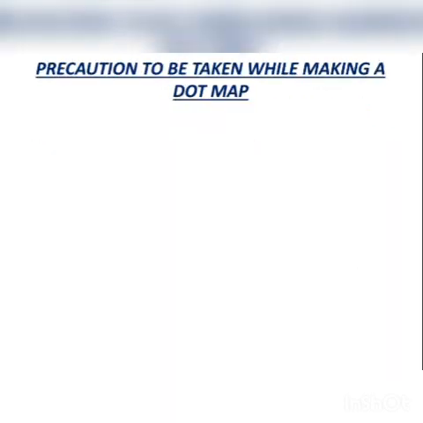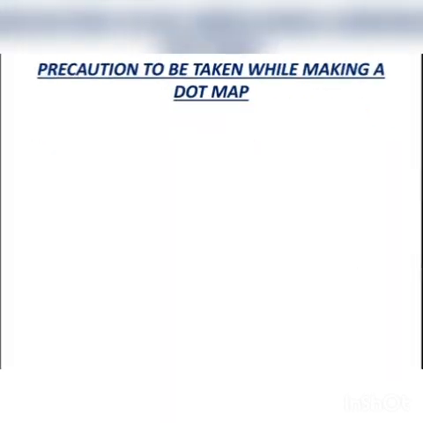We need to take the following precautions. Now we'll understand the precautions to be taken while making a dot map. First, the size of a dot should be uniform.